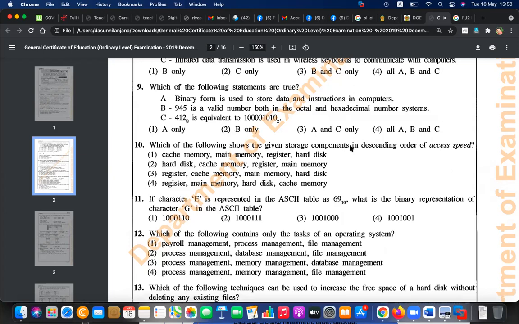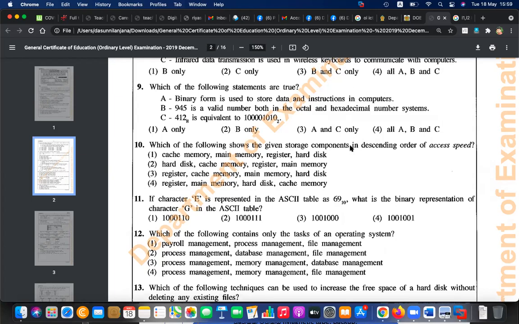So second one. Which has the highest speed?